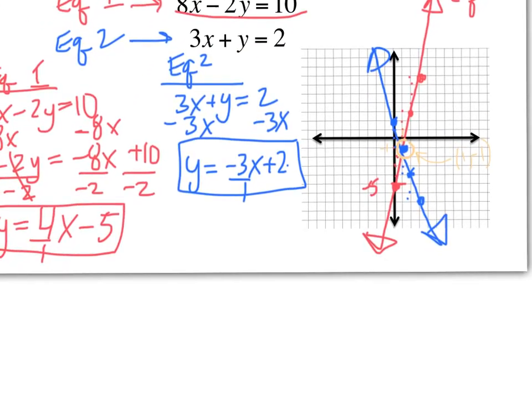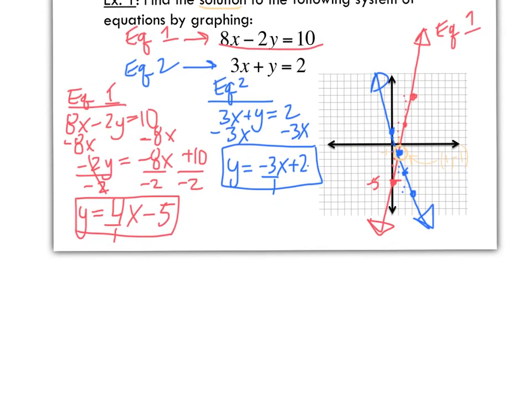But as good mathematicians, we always have to check our work. So let's make sure that 1, -1 is our solution over here. Let's just make sure that this is always correct. You always want to double check your work. In math, there should be no reason why you got the wrong answer, because you can always double check your work. So let's write the first equation.